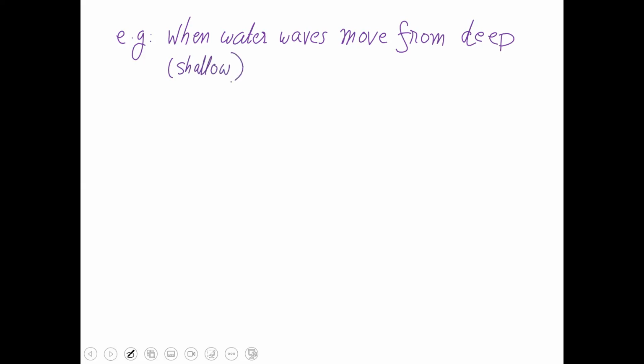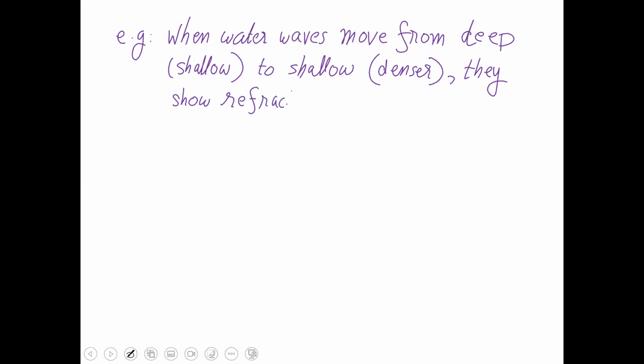For example, when water waves move from deep to shallow, they show refraction.